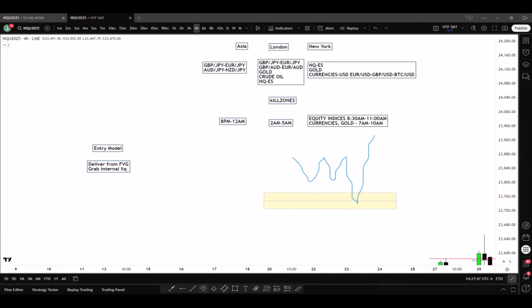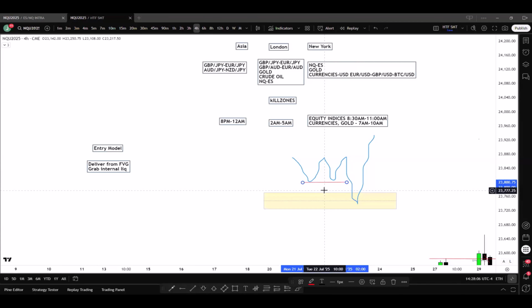Okay, that would be taking out these two areas right here. These are internal liquidity levels, inducement levels that are generated right before the fair value gap. And when price breaks those into the fair value gap, that's grabbing internal liquidity.